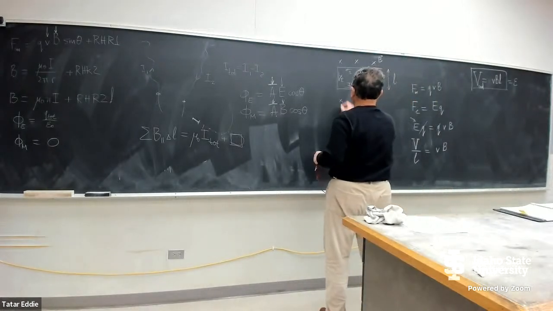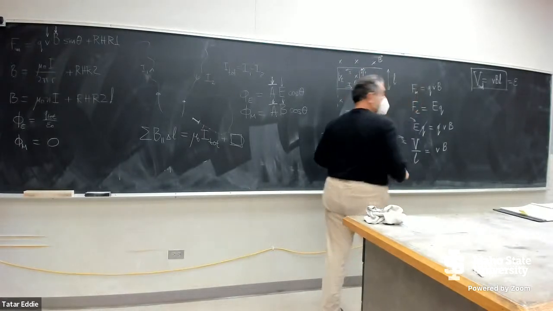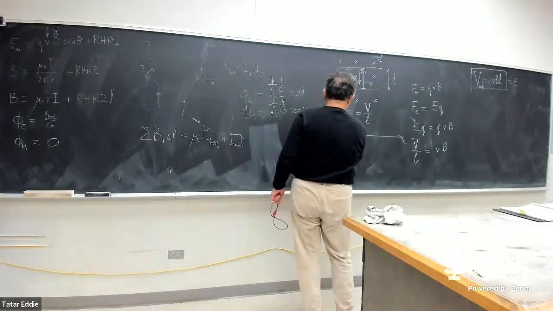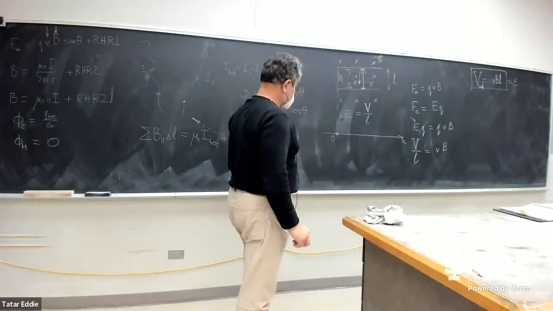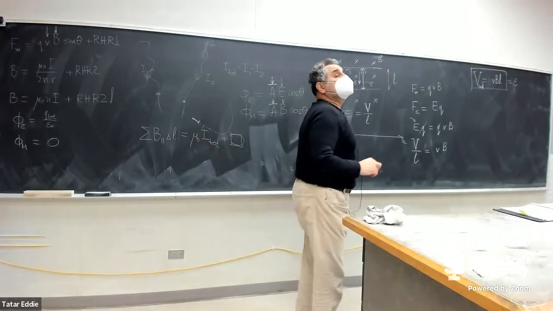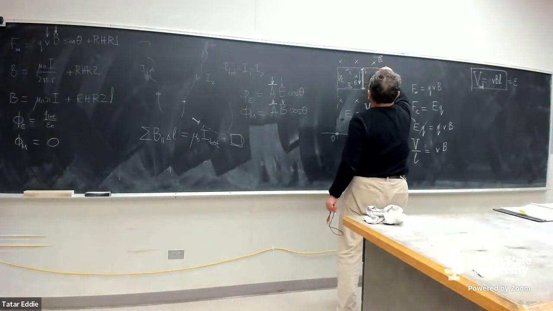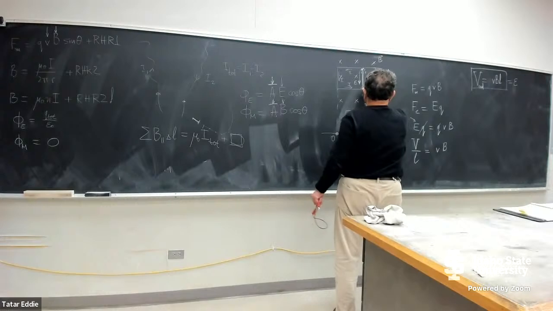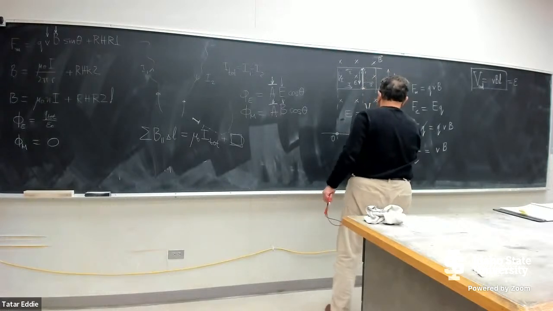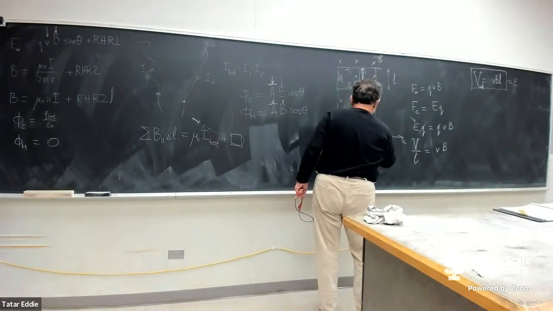Introduce a coordinate system with x-axis to the right, the origin of the x-axis probably here at this end of the rectangle. And let's say that in time interval delta t, the moving side of the rectangle goes from here to here. So in other words, the moving side of the rectangle covers a distance delta x in time interval delta t.